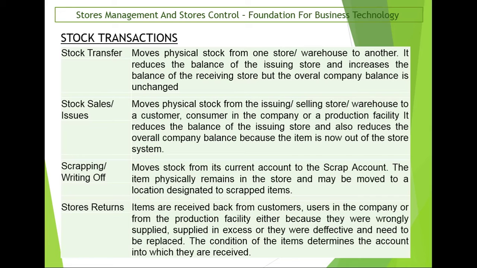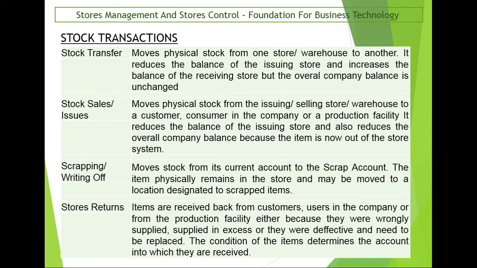When we write off or scrap stock, this transaction moves stock from its current stock account into the scrap account. It means that stock can be written off at different stages. Firstly, you can write it off right at the goods receiving. You receive the goods in good condition, then somebody breaks the item there.